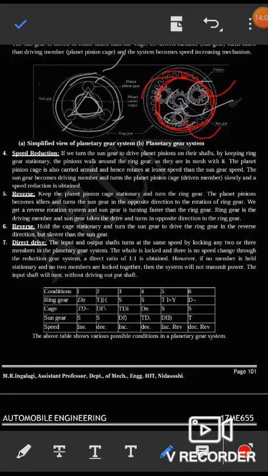Now one more mechanism we have for the reverse, that is, an arrangement of gears for the reverse. Hold the cage stationary. The cage should be stationary now, and turn the sun gear to drive the ring gear in the reverse direction but slower than the sun gear.